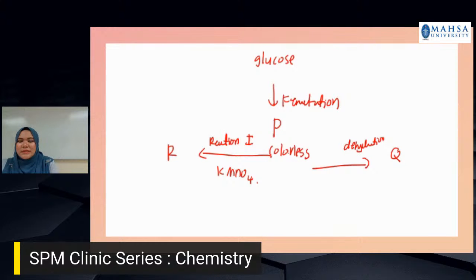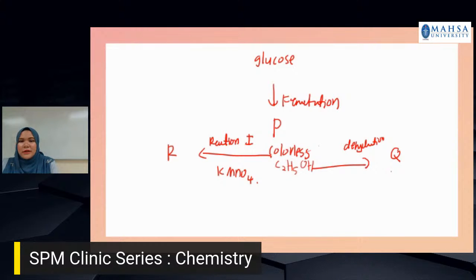Colorless means that it refers to alcohol. You cannot refer to CO2 because CO2 will be a gas. So it will produce a colorless liquid. Therefore, the molecular formula will be C2H5OH. Okay, and then after that you can see Q.